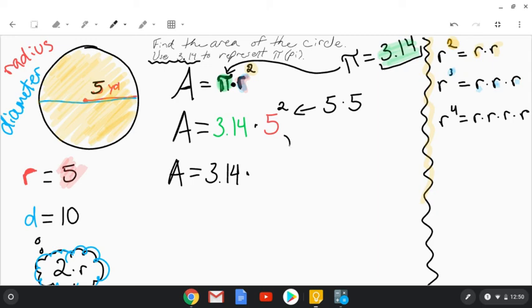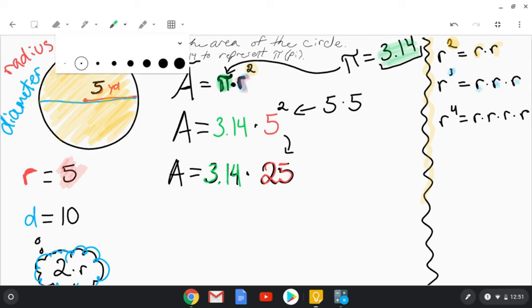So I'm going to go ahead and just drop down what I know 5 times 5 is. That's 25. So still keeping things color-coded, this was the result of radius squared, or radius to the second power, and that 3.14 is staying the same because we're using 3.14 in 7th grade math to stand for pi.